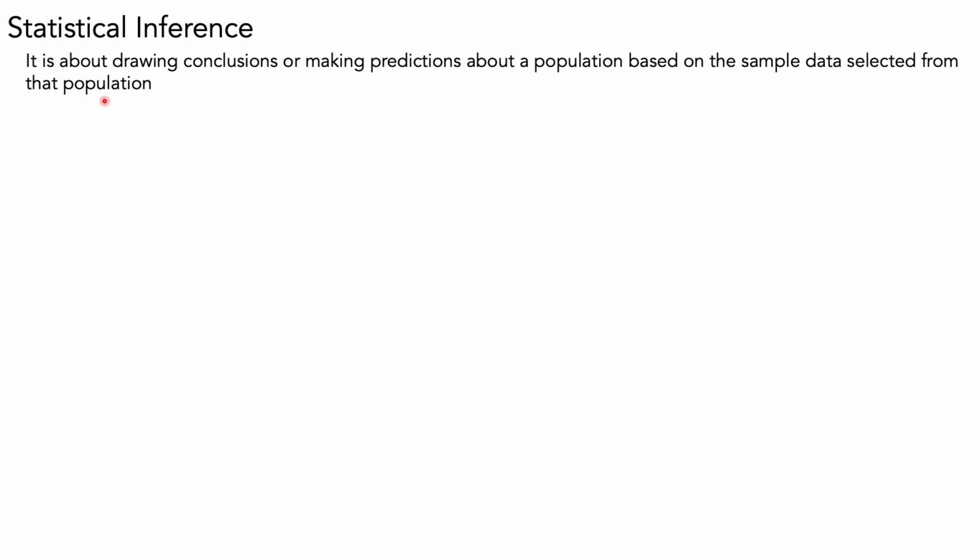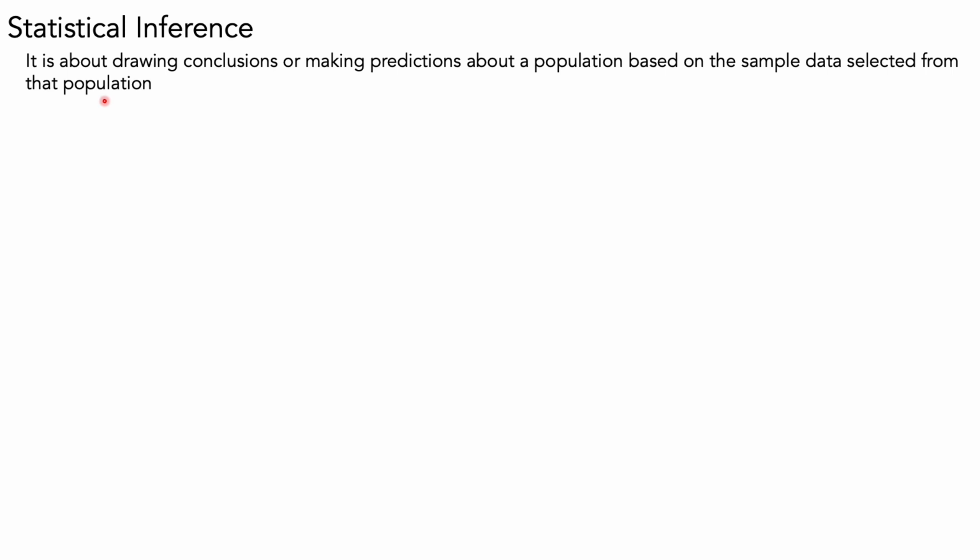The population can be, for example, in a manufacturing process, all the products which are being manufactured. We cannot make measurements on all of them. Or if we talk about the human population and we want to know something about a country's whole population, we cannot collect data from everyone in that population.